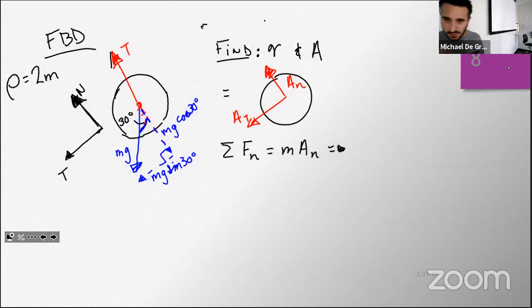And the tension's going to be positive in the normal direction, so that's T. What else do I have in the normal direction?